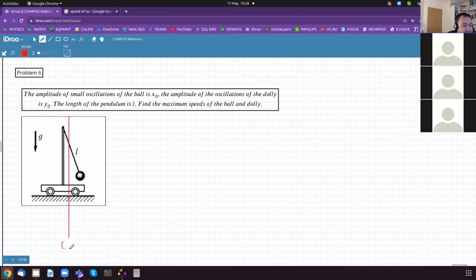Now, when the ball is in the extreme left position, the trolley will move to the right.